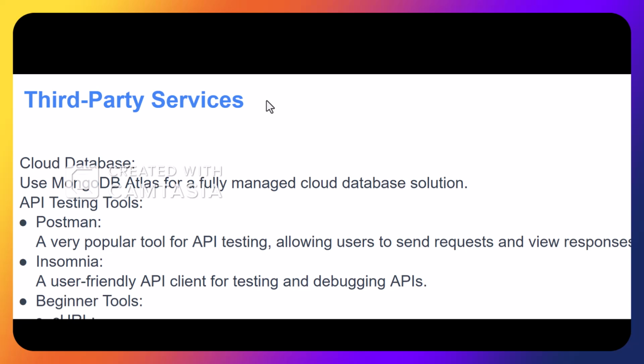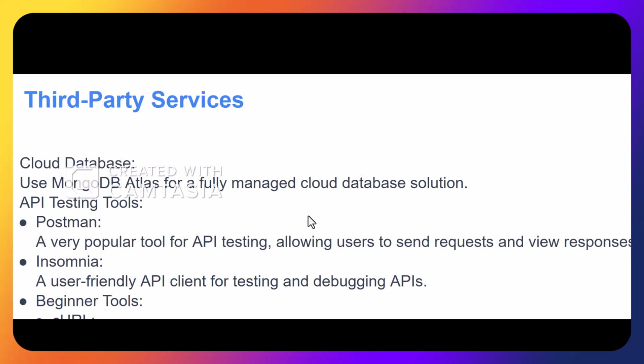Postman is a very popular tool for API testing, allowing users to send requests and view responses. Insomnia is also good for testing and debugging. I'll also be using beginner tools like curl and HTTP. Yes, I'll be using these third-party tools to build my application and my API.